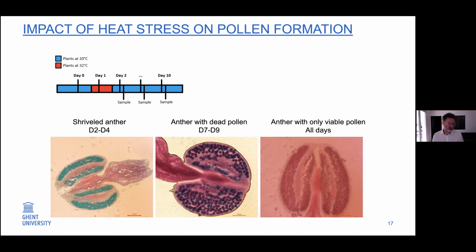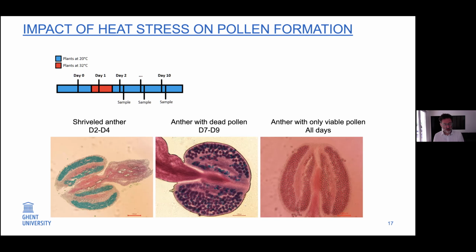When we isolate the anthers 2 days and 4 days after the heat stress, we see that most of the pollen are dead. And this is presumably because of defects that occur in the tapetum that will disallow these microspores to develop into mature pollen, and that will abolish every further development. When we look at day 5, 6, then we see that there's actually no impact.